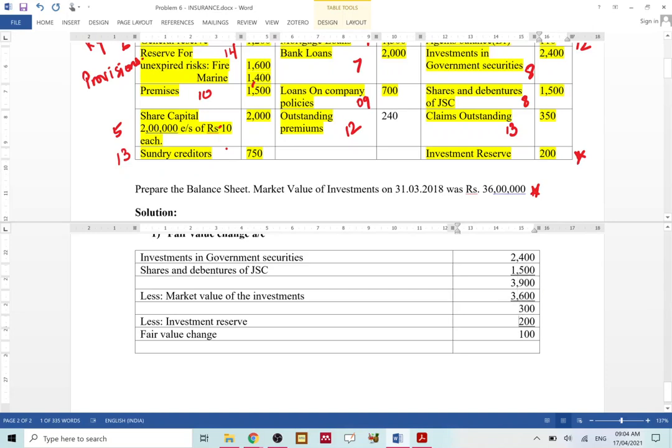But you've already prepared for a little loss in the form of this investment reserve. So minus this investment reserve from this loss that you have suffered, and you get the balance of the fair value change, the remaining loss that you are still supposed to record.